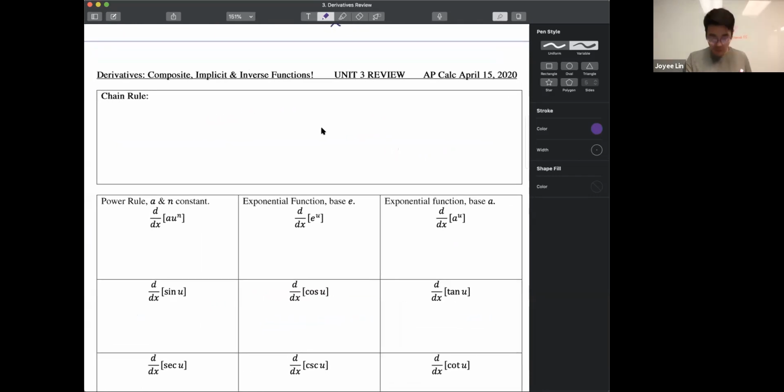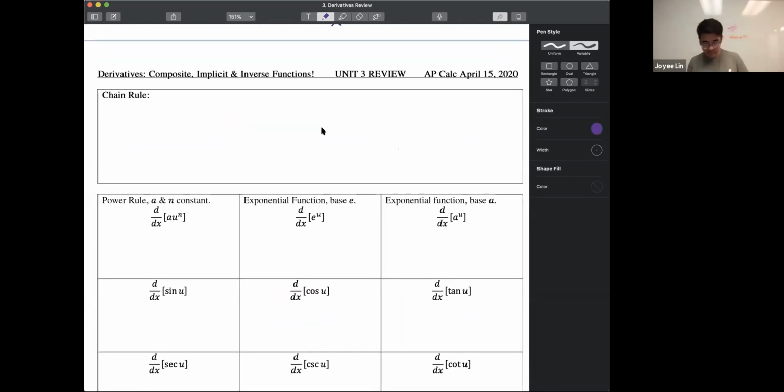Chain rule, who can tell me what chain rule is? When you have a composite function, a nested function, some people call it, remember that you take the derivative of the outer function first, do not touch the inner function, and then you multiply that by the derivative of the inner function.